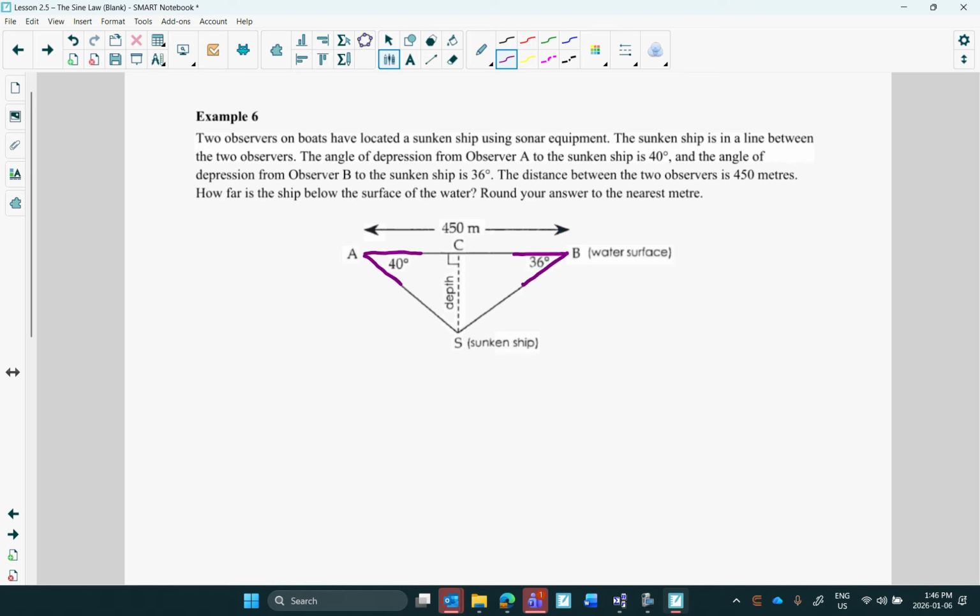And using all that information, I need to find this. How far below the surface is the sunken ship? I'll just call it X. That's my ultimate goal, to find that.